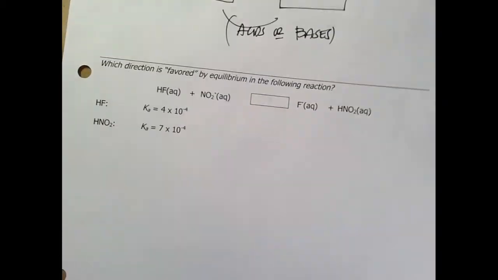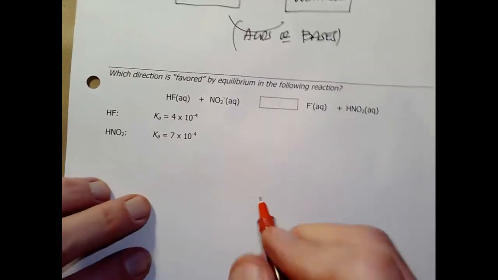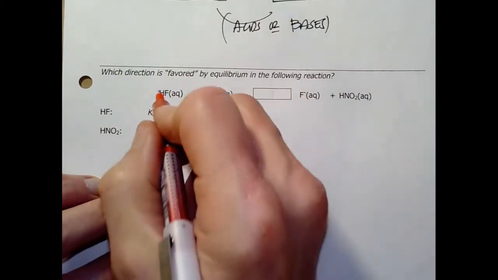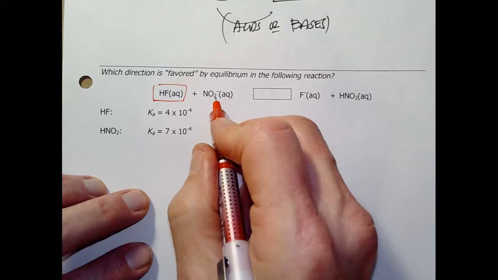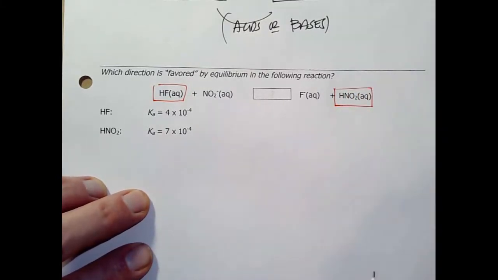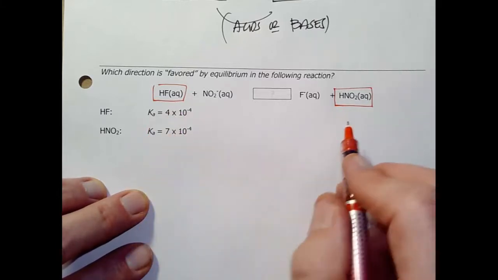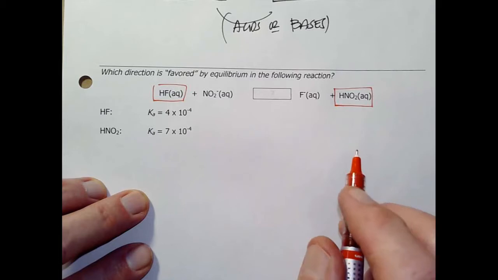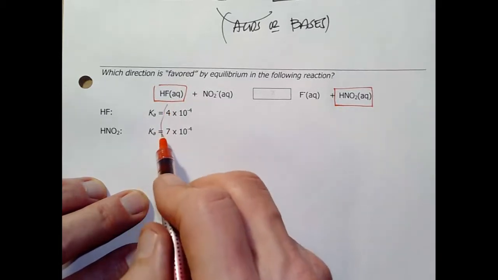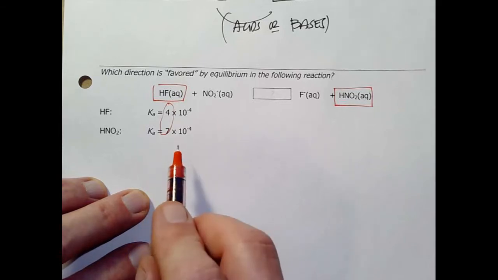So we can apply that right down here. HF, of course, is an acid. NO2 minus, nitrite, its conjugate acid is HNO2. HF's Ka is about 10 to the minus 4. HNO2 Ka is about 10 to the minus 4. Very subtle difference there. HNO2 is very slightly stronger.